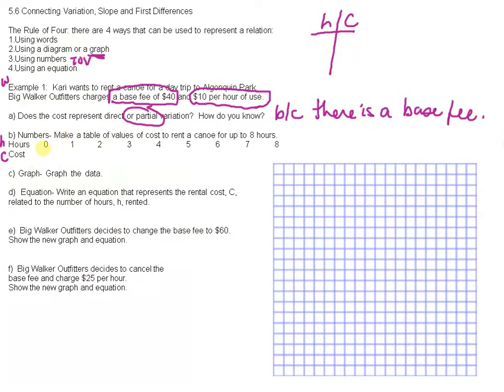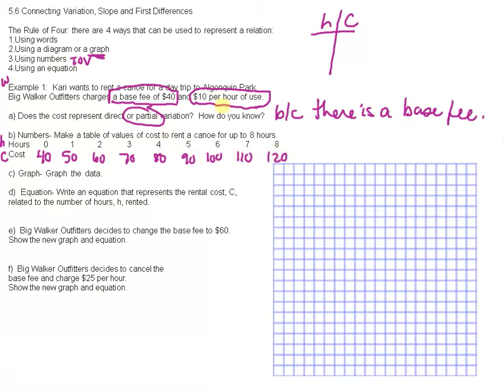Okay, so right when they start, they have to pay $40. So time equals 0, cost is 40. And now, because this is an easy $10 an hour per use, we can start patterning. So it goes up $10 each time. So 40, 50, 60, 70, 80, 90, 100, 110, 120.